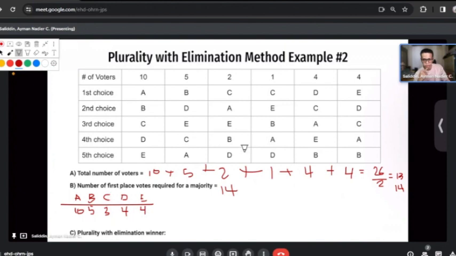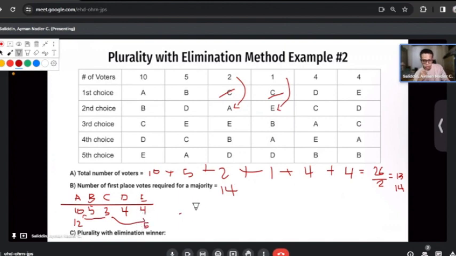Now, since C has the lowest, we're going to eliminate C here. Two of these votes go to A, which will have 12 now, and the other 1 goes to E. So now E has 5.